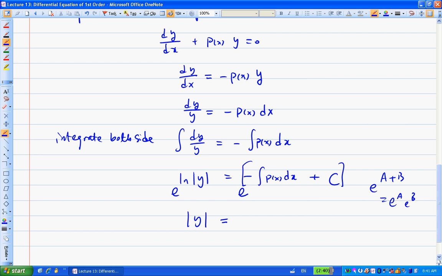And the b here is c, so e to the power of c is another constant.